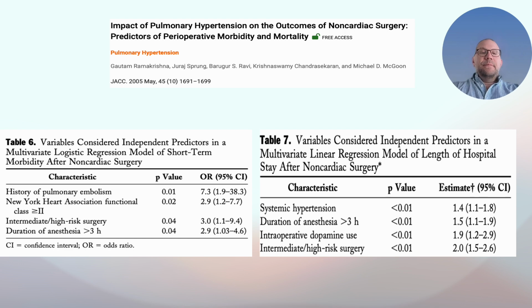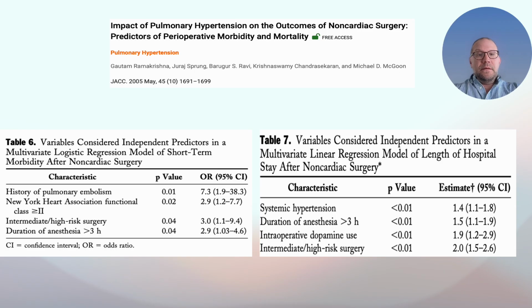This again is the same study, looking at independent predictors using a multivariate logistic regression model. In table 6, you have these four. Duration of anesthesia over 3 hours was an independent predictor for morbidity.